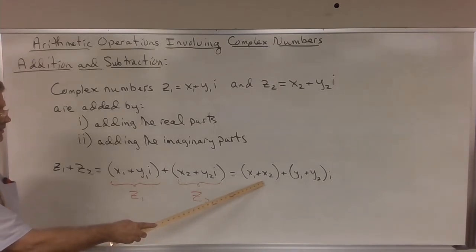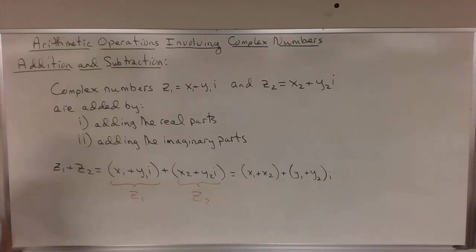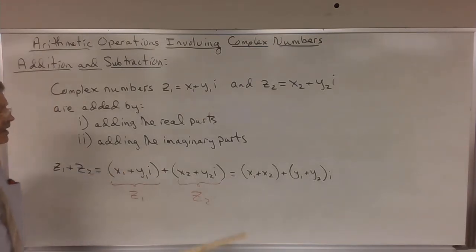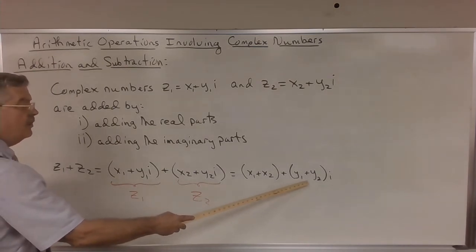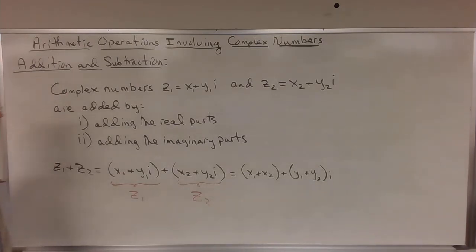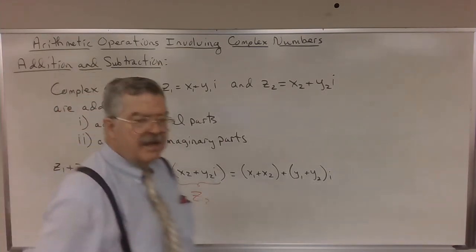There we have it, the sum of the real parts. Then we add the imaginary parts, y1 plus y2. And here we have it, y1 plus y2, sum of the imaginary parts, times i. This is how we add two complex numbers.